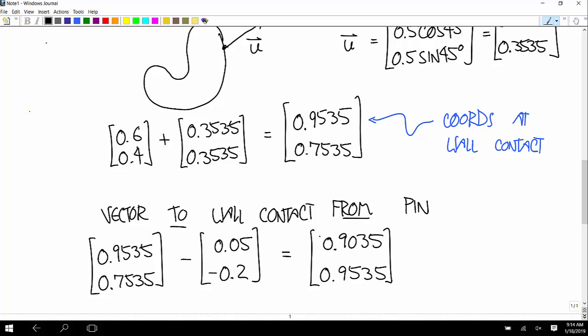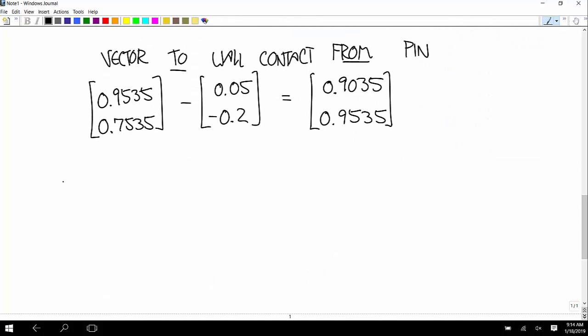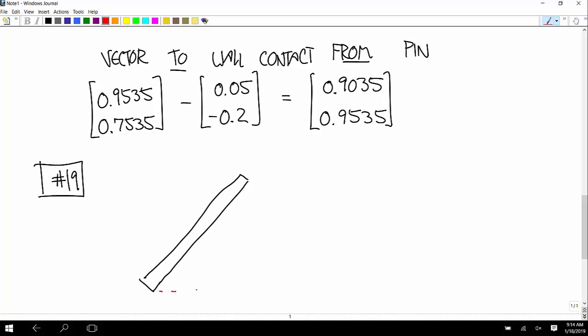And then 19. So the beam has a length of 4 meters and it's angled at 45 degrees. Length is 4 meters.